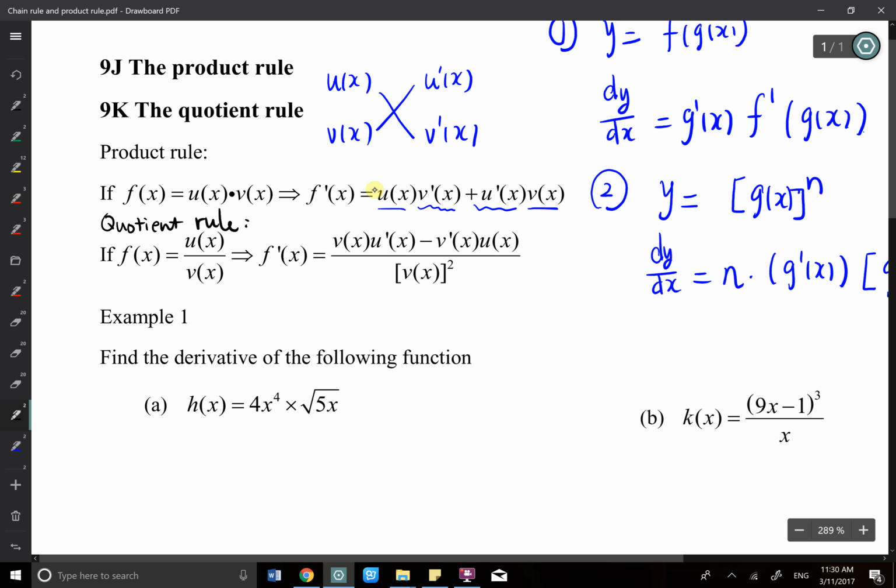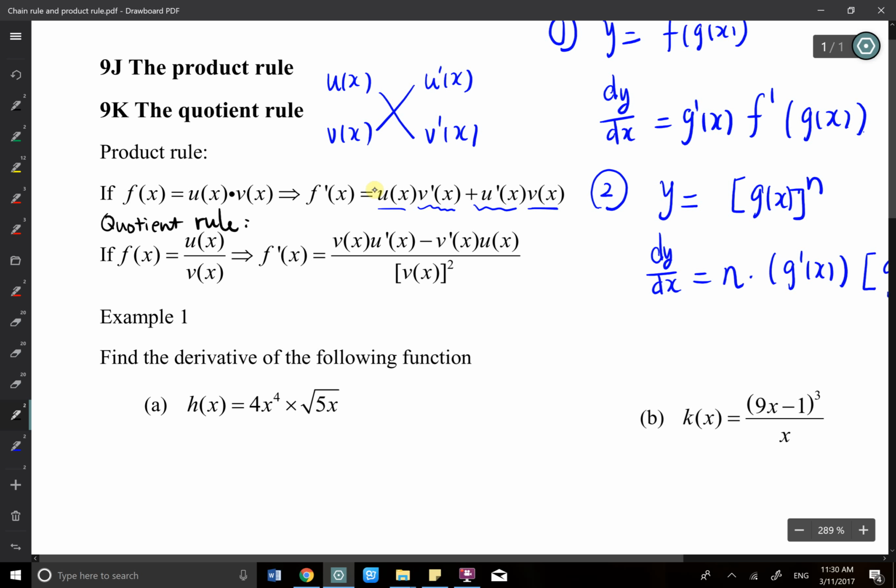And then we bring the v(x) up, and then we derive the top, times them together, and minus, you swap the derivative: you derive the v(x) first, and then times the u(x). You need to care about the order.